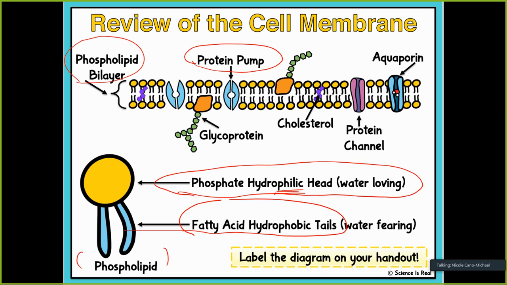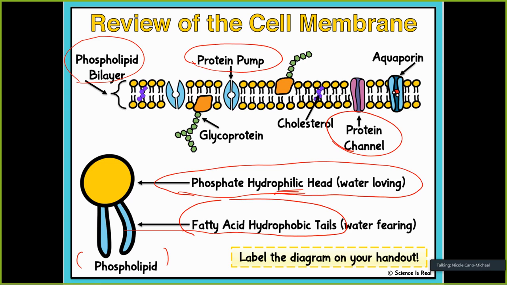We have the protein pump, and like the name suggests, it's a protein, and it helps to pump things in or pump things out. We have the protein channel, and just like the name suggests, it's made of protein, and it is a channel. So it's kind of like a tunnel, right?